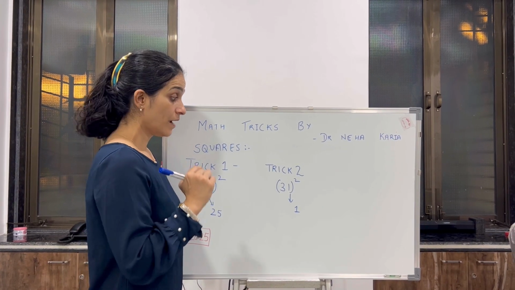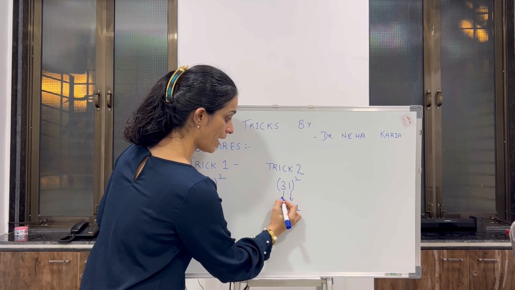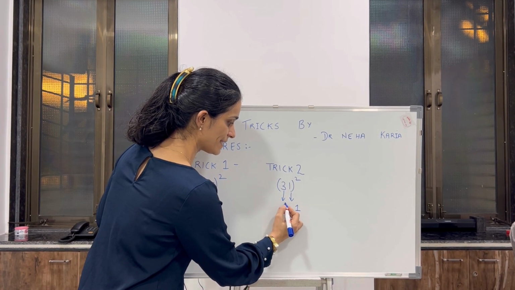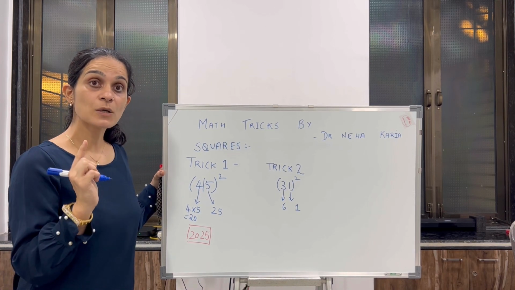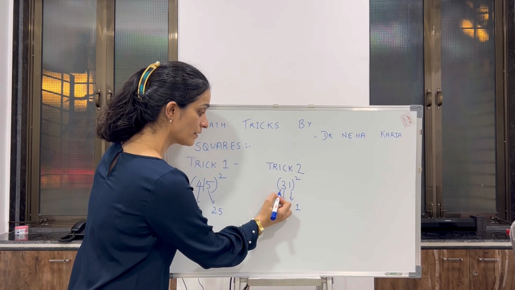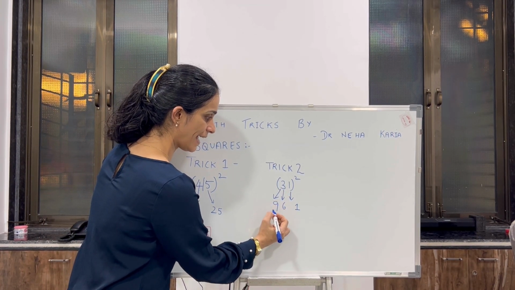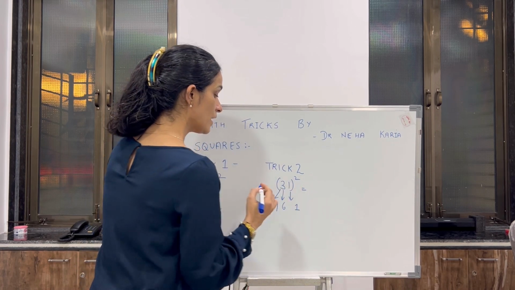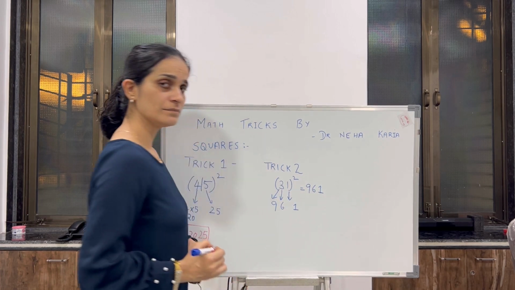Second step, double the number in the tens place. So when I double the number in the tens place, I get 6. Third step, square the number in the tens place. So the number in the tens place is 3. 3 square is 9 and that is my answer. So 31 square is 961.